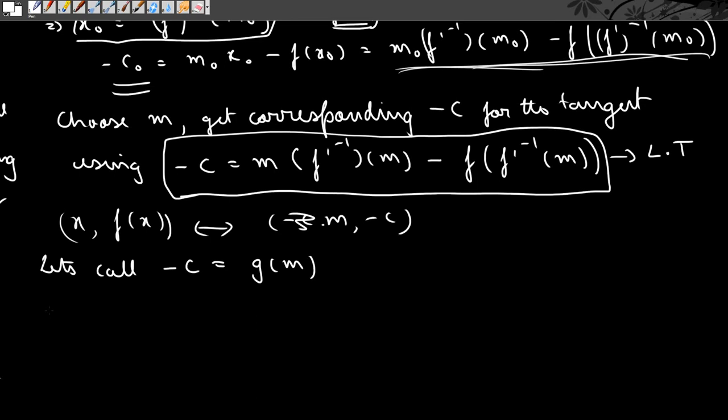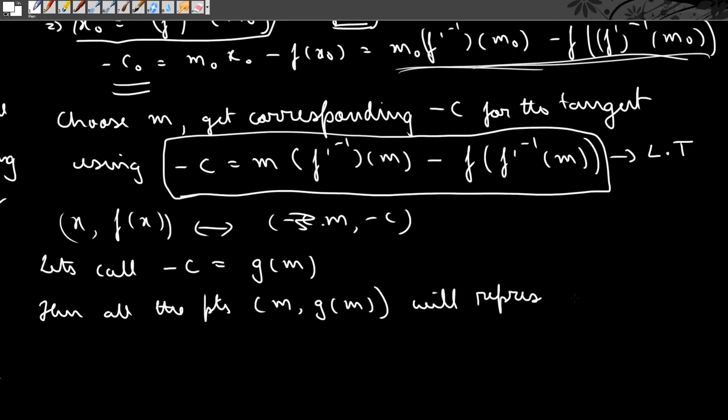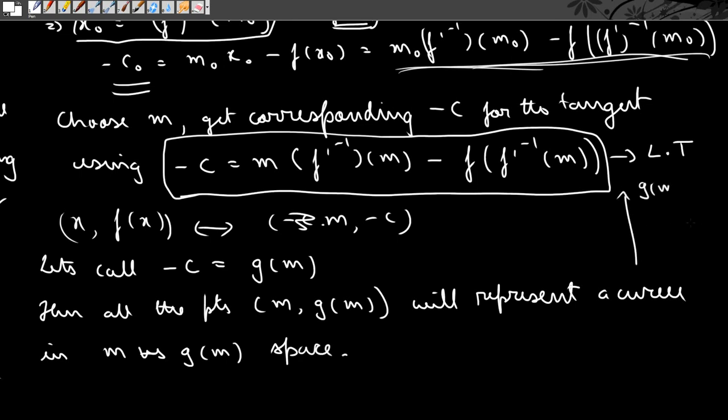Then all the points m comma g of m will represent a curve in m versus g of m space. That means we have g of m, and all of these points will correspond to some curve.